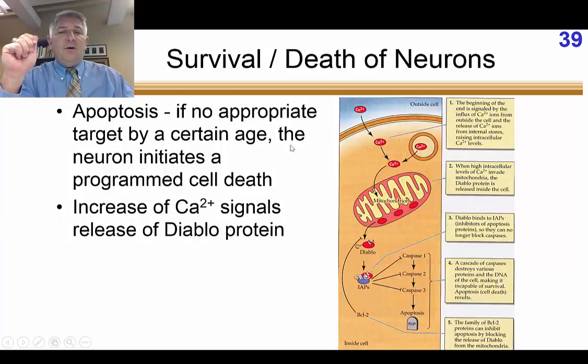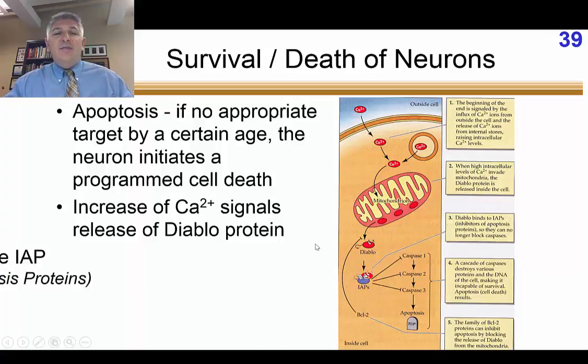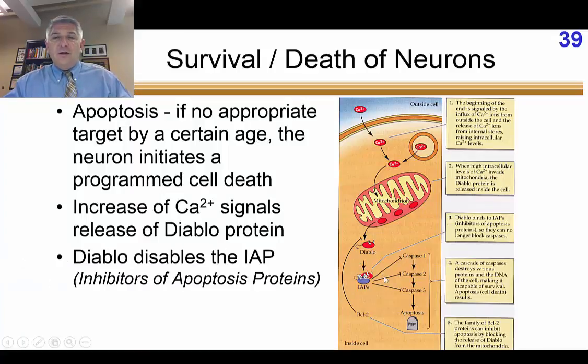So this programmed cell death involves increased calcium, and when there's too much calcium inside the neuron, it releases a protein called the Diablo protein, which we know has to be bad just by the name of it. And the Diablo protein, shown here, then disables the inhibitors of apoptosis.